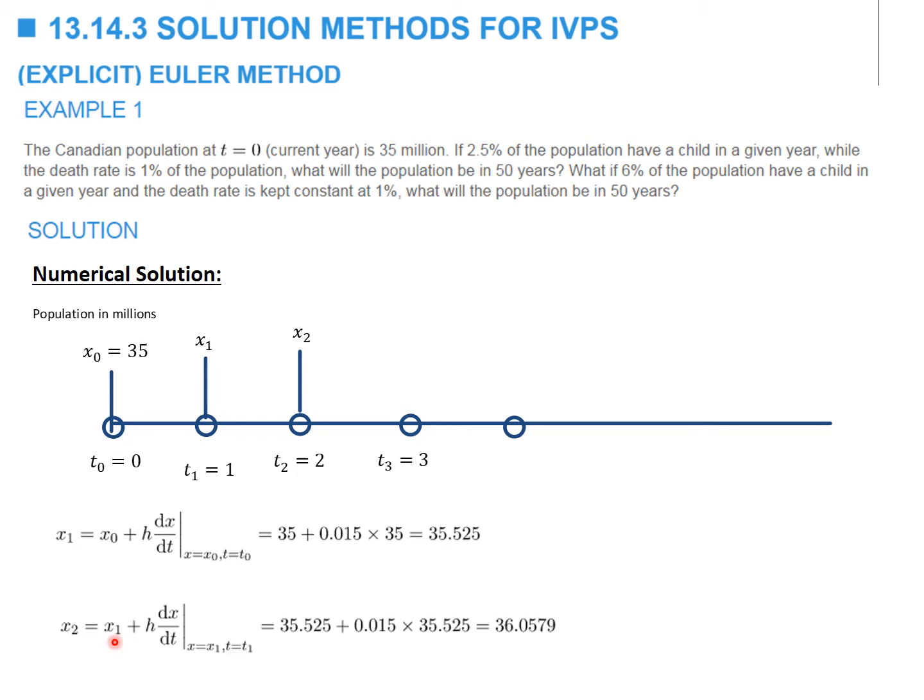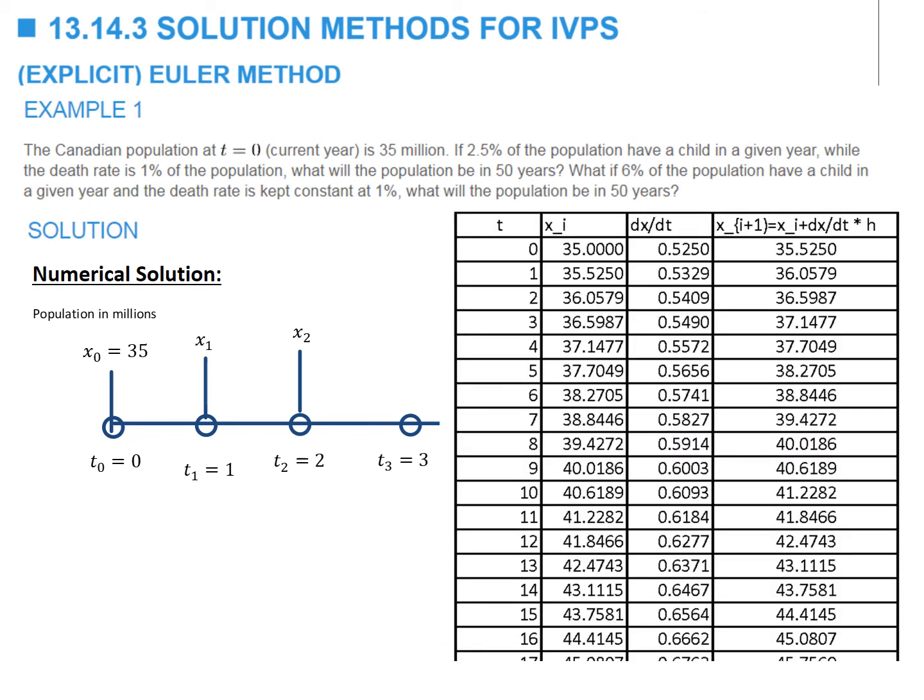Repeating, x2 is equal to x1 plus h multiplied by the rate evaluated at the point x1 and t1. Again, x1 is now given as 35.525, the population from point x1, plus the rate, which is 0.015 multiplied by 35.525, gives me 36.0579, and so on.